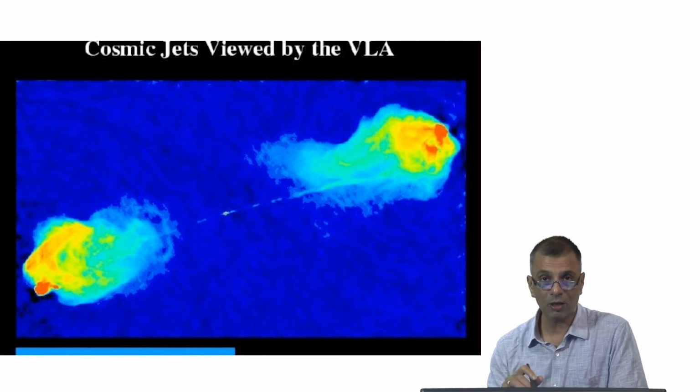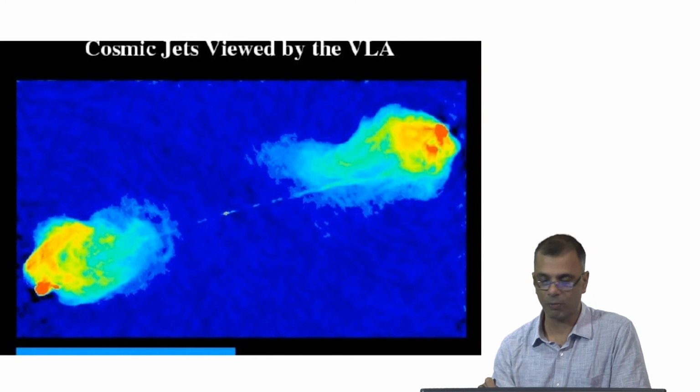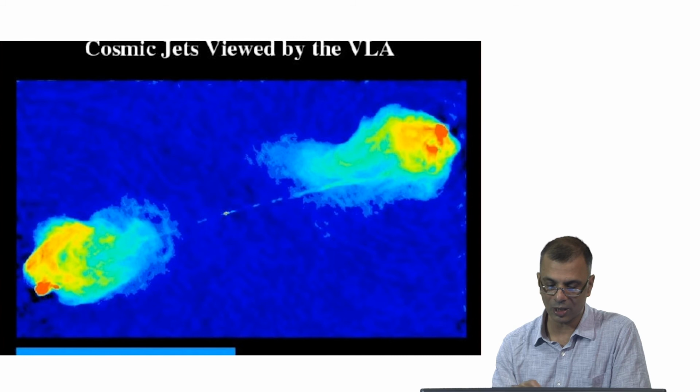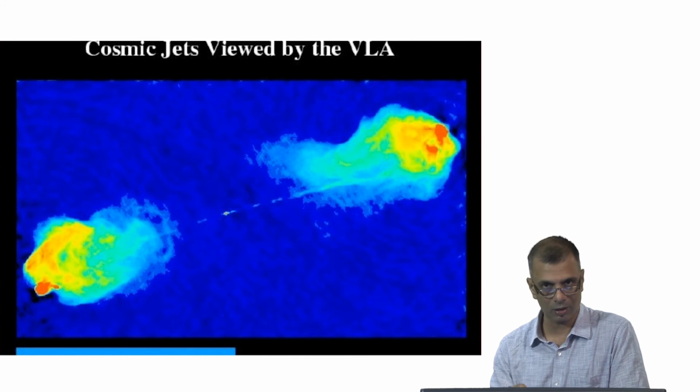And just to give you an idea, from here to here, it depends. I mean, this is just one such jet. There are many such jets. And it's also been surmised that the speeds of these jets are often relativistic, and they're definitely supersonic, no doubt about it.